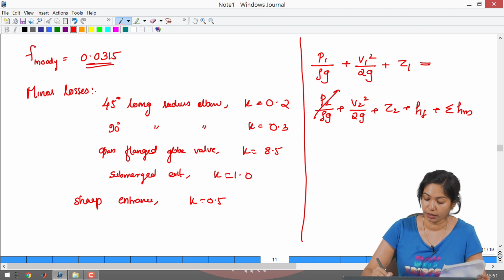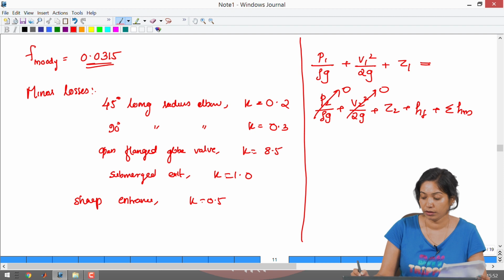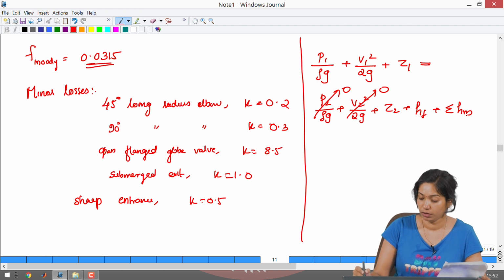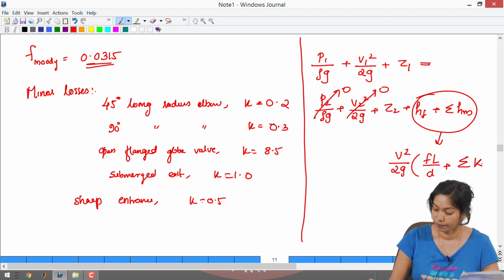So, we can neglect this, and also velocity is equal to 0. These are the head loss due to friction, and this term is due to bends, elbows and all. So, this term we can replace as V square by 2g into fL by D plus sigma K.